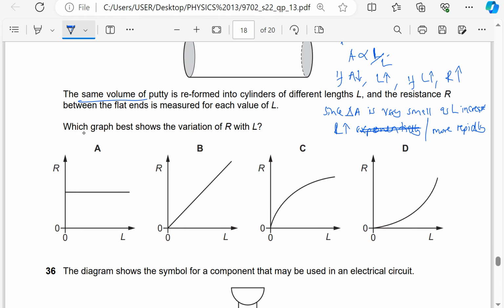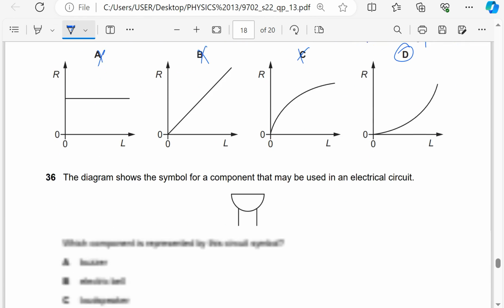So this one is wrong. This is a straight line. This one is showing that as L increases, R increases and then becomes constant. That is wrong. As L increases, R increases more rapidly because the change in area is very small as L increases. So the answer is going to be D.